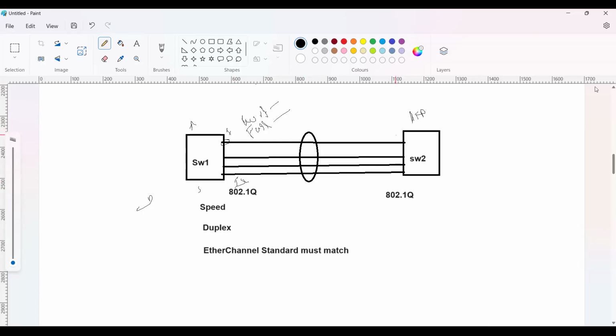If one side is auto and one side is dynamic desirable, then it will form. If you are using static, then it must match. If you are using ISL, the encapsulation on both ends must match. Whichever trunking you are using, both ends should use the same encapsulation method. So the trunk should match.